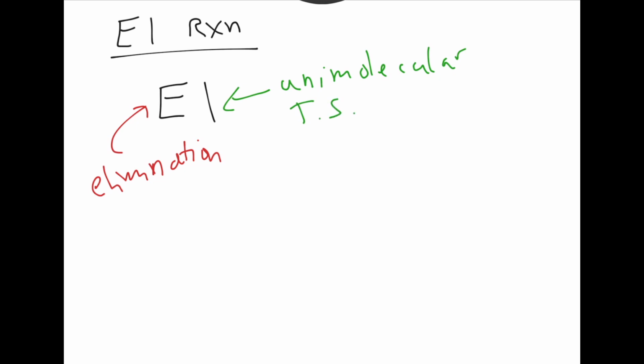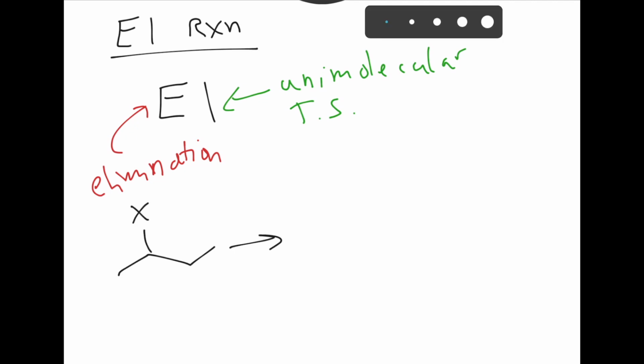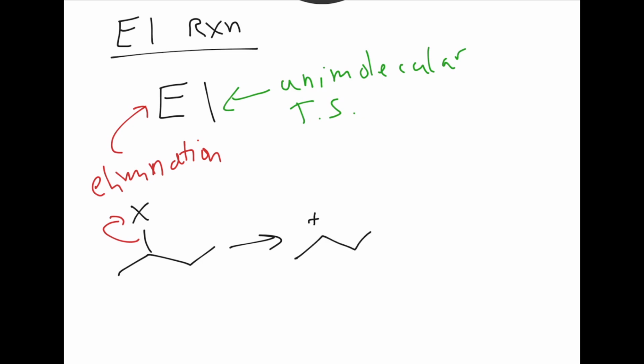It's for a rate determining step that only has one molecule in its transition state. So just like in SN1, the rate determining step here is when your leaving group leaves the molecule and makes a carbocation. That is our rate determining step.